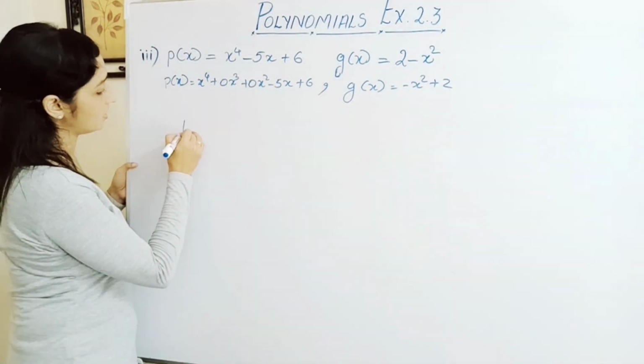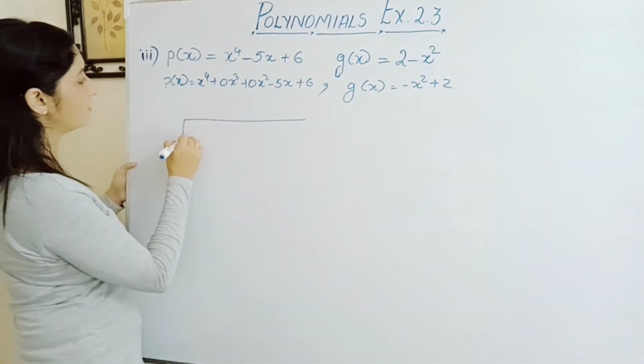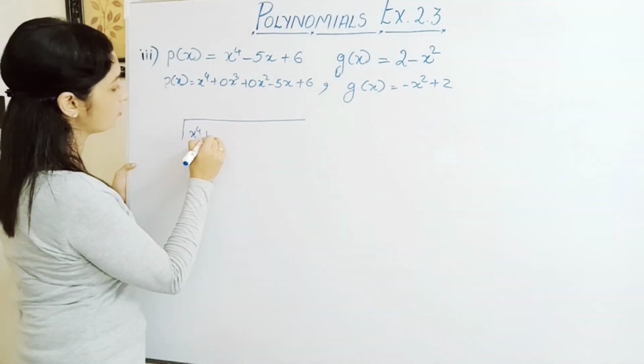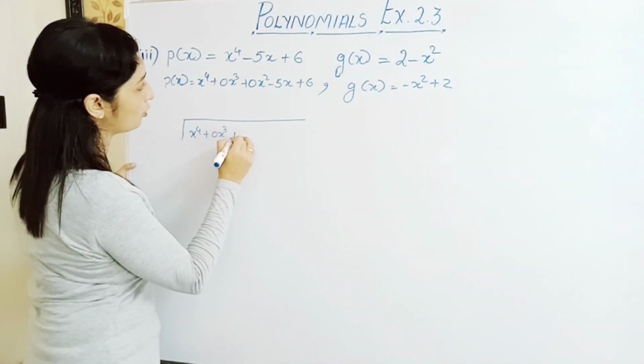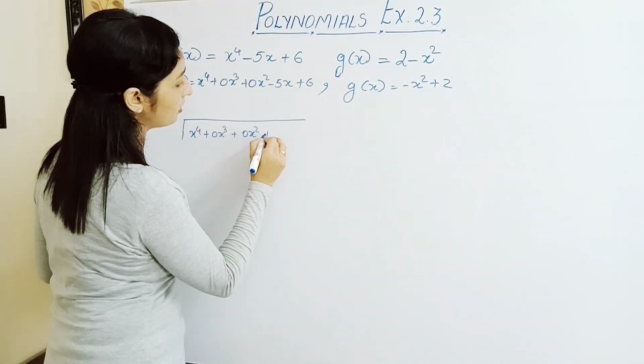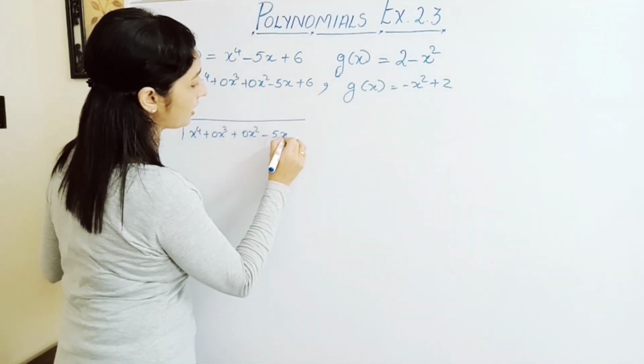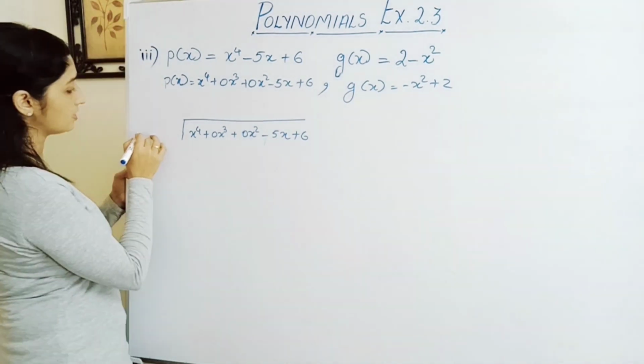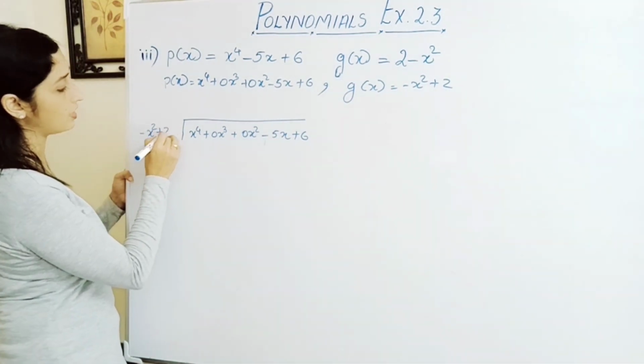So now let's start our division, where you write our dividend here, which is x raised to 4 plus 0x cube plus 0x square minus 5x plus 6, and the divisor is minus x square plus 2.